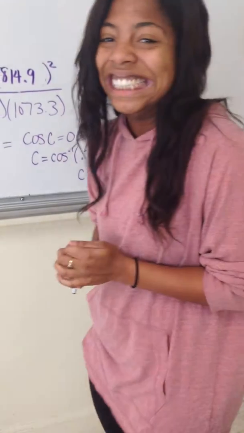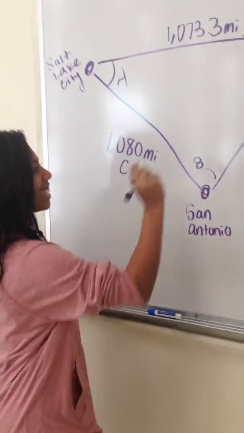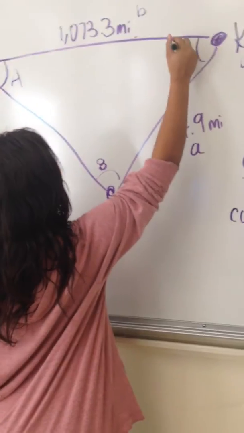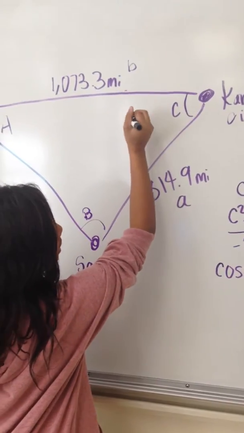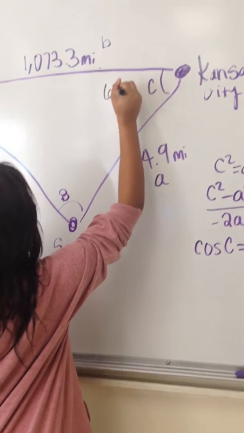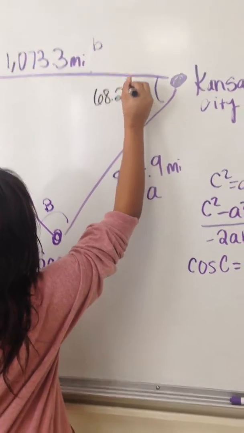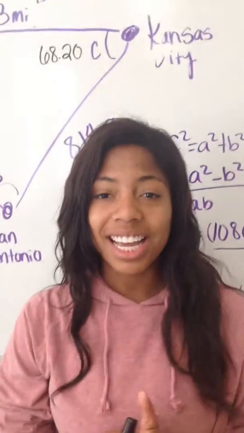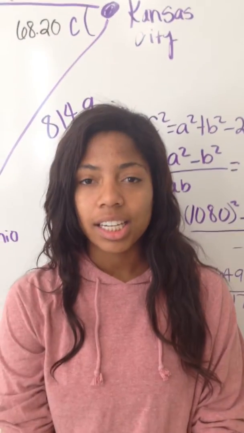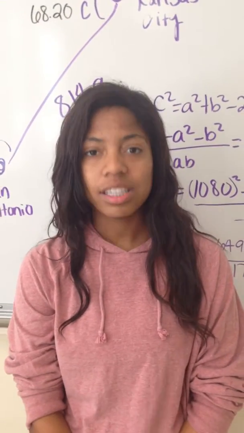That was C's angle, 68.20. Now, once you already have one angle, you can find the other angles by using the law of sines.